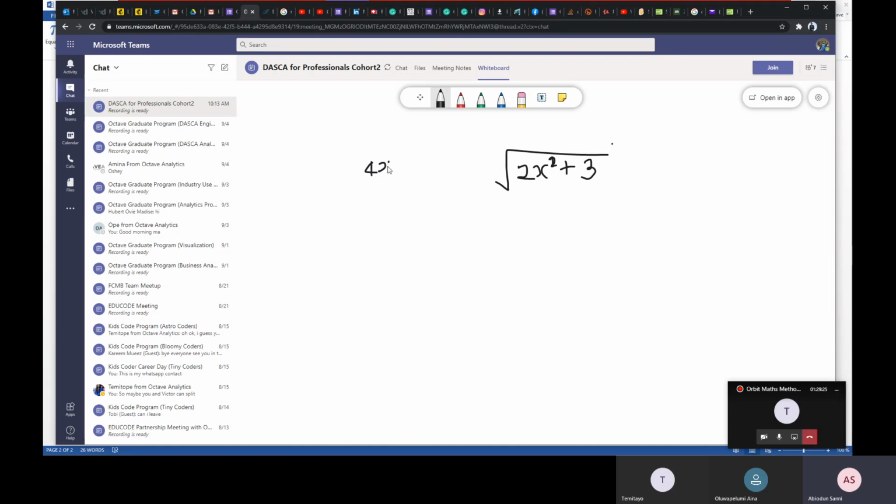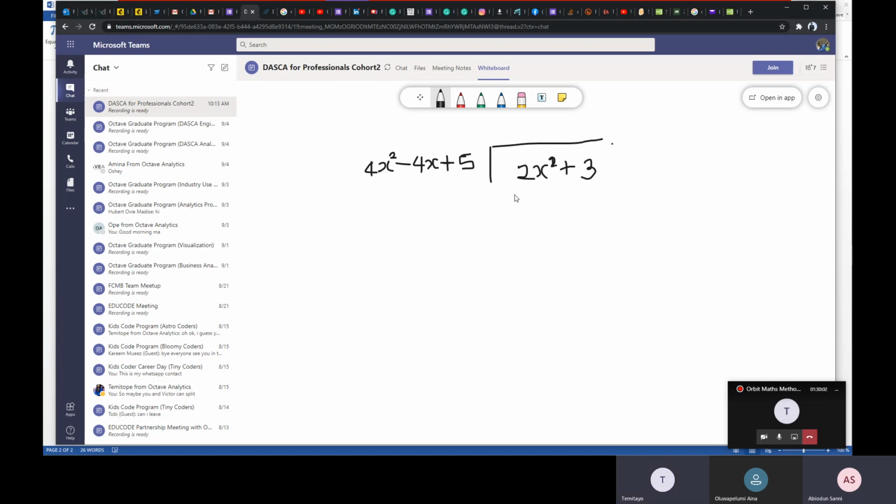Now, it's division I'm doing, not square root. Don't mind the square root sign. This is the way you write it.